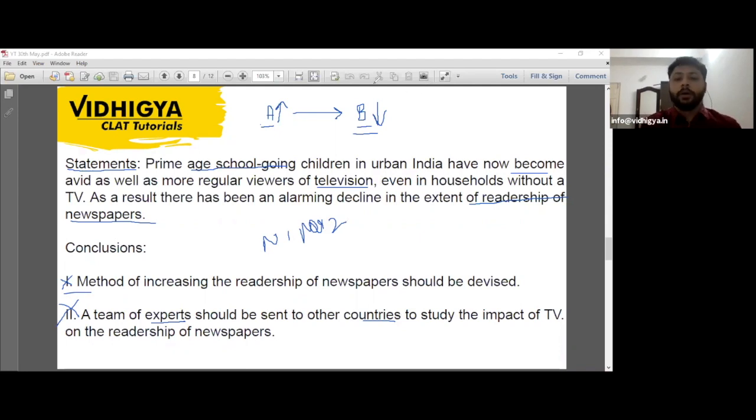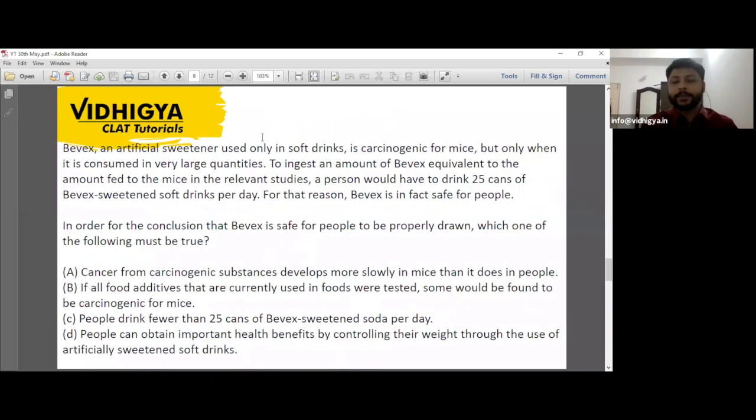Okay, so this was in regard to the statements when it comes to statement and conclusion questions. Now I'll try and apply these concepts on the paragraphs. What can be the questions, and how can the questions look when we talk about conclusion questions?